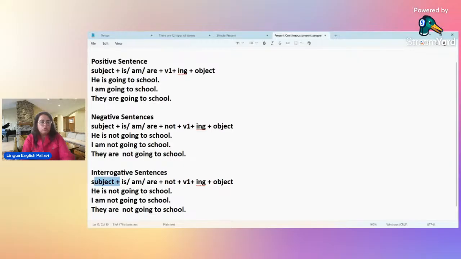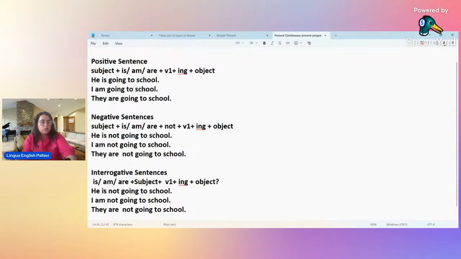So how it goes is is, am, are plus subject plus v1 plus ing plus object. Obviously a question mark will come at the end.